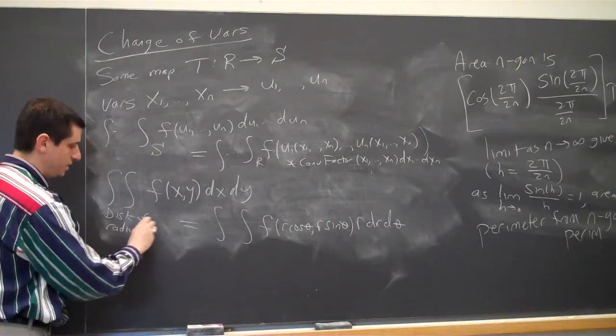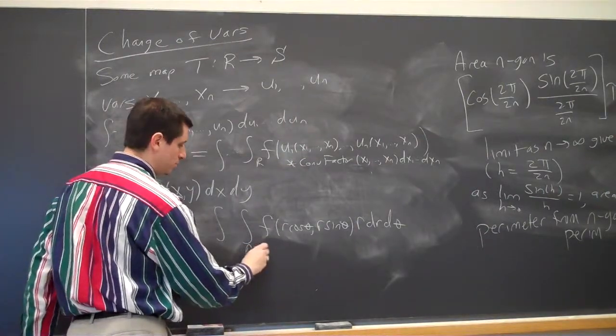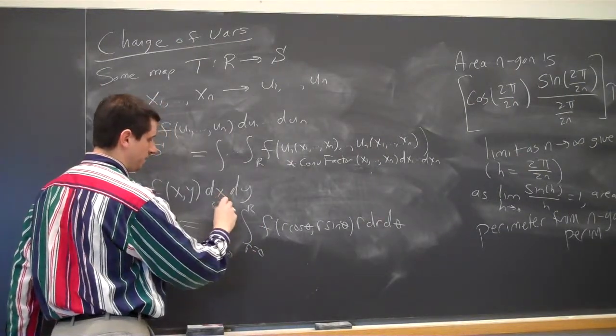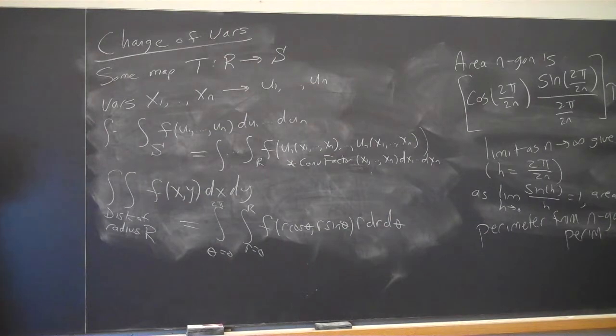So little r goes from 0 to big R, theta goes from 0 to 2 pi. So this is the change of variables in polar.